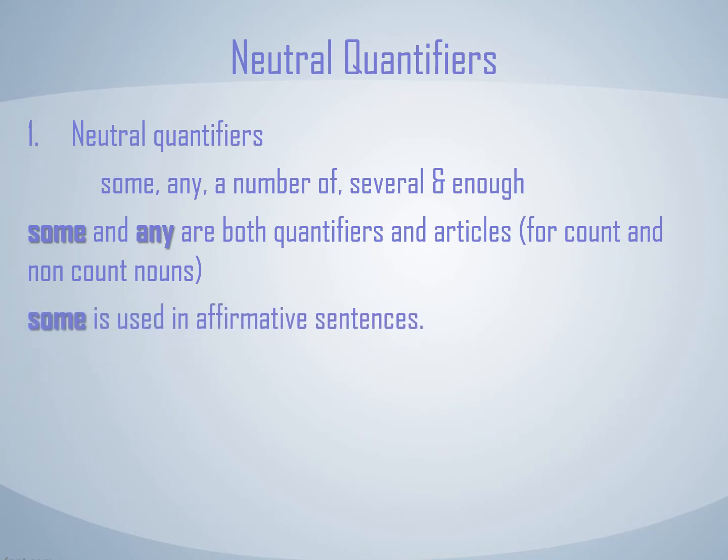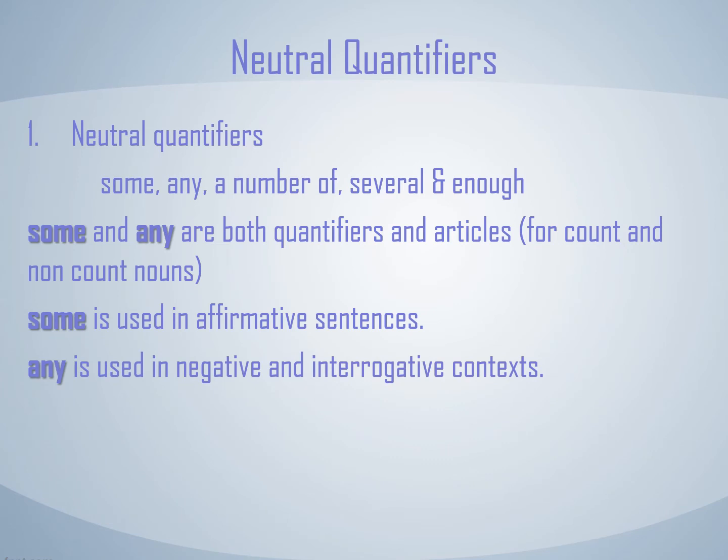An important point about some is that we use some in affirmative or simple, positive sentences only. If you want to use some in a negative or interrogative context, then we use any in place of some. So you can say some and any are antonyms of each other.